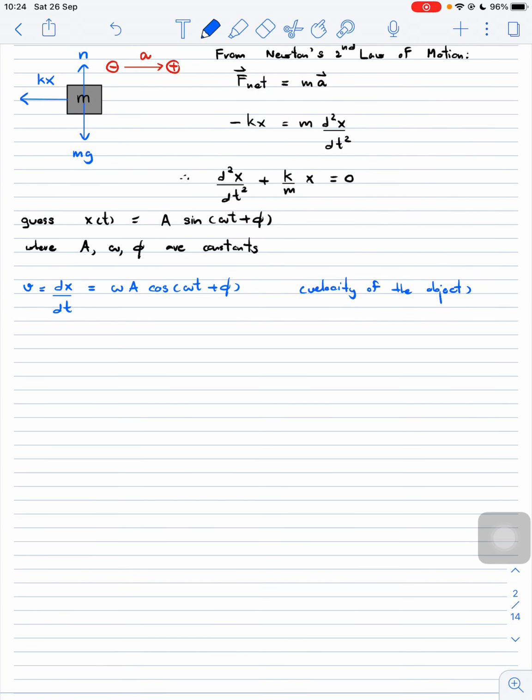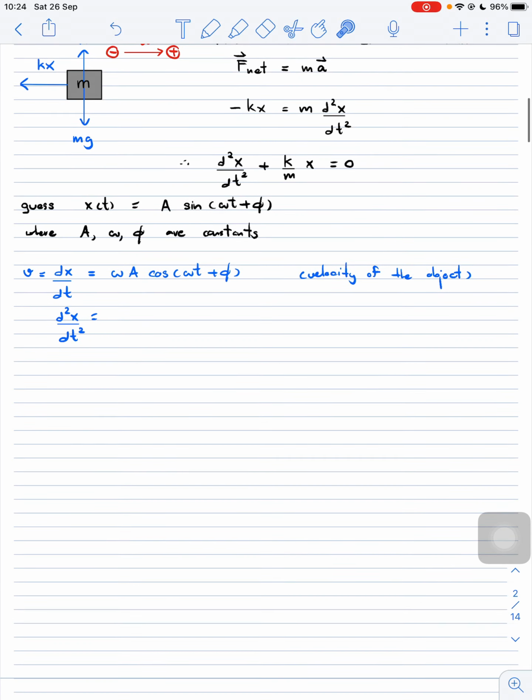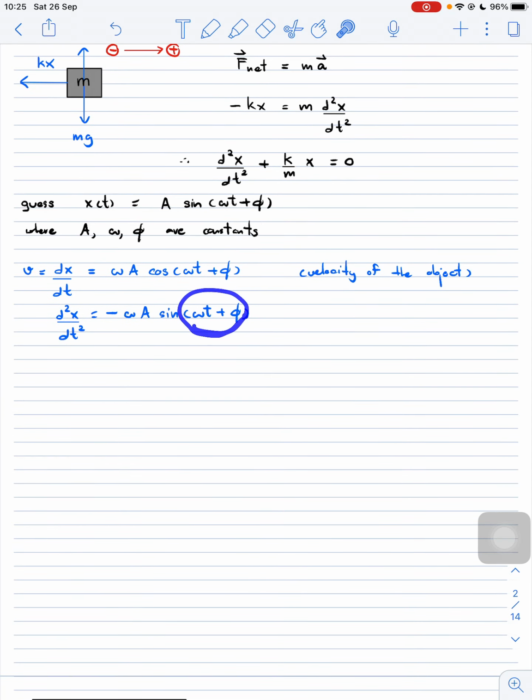The next thing is we need to find the second order derivative. So d square x by dt square equals, let's find the derivative one more time. We have omega times A, and the derivative of cosine equals negative sine, so we have negative sine of omega t plus phi. Then the derivative of the argument of the cosine function equals omega, the same as the previous one.